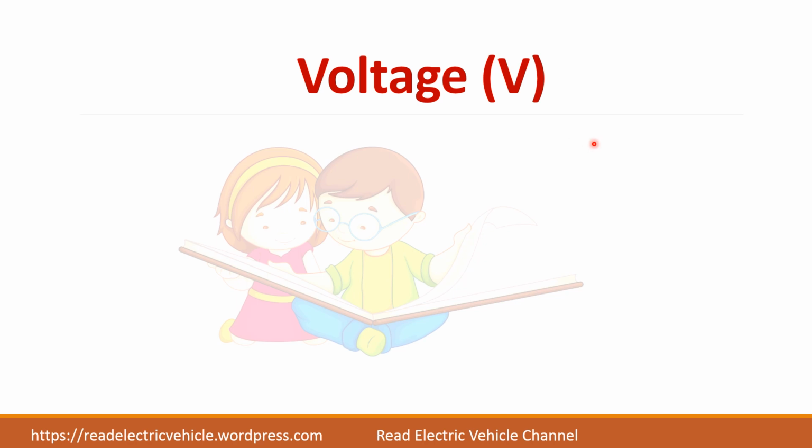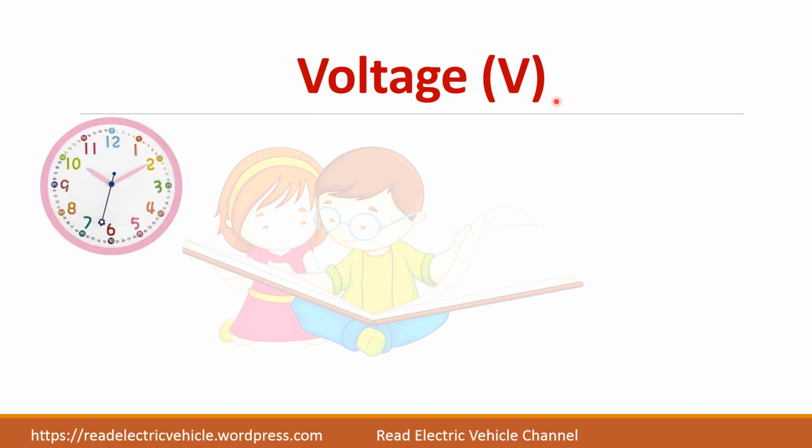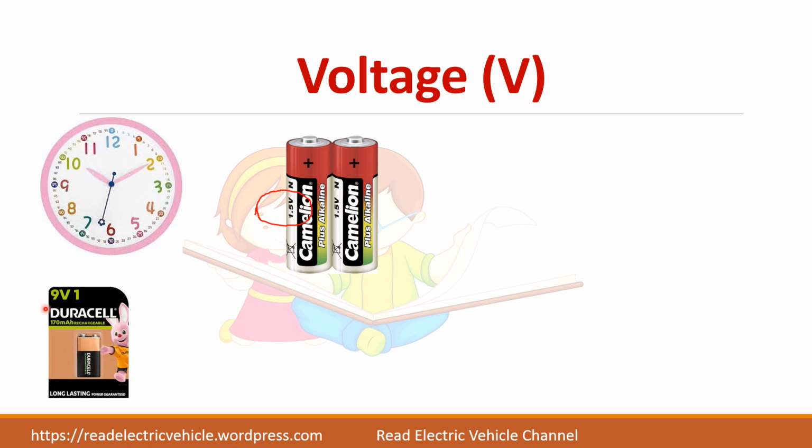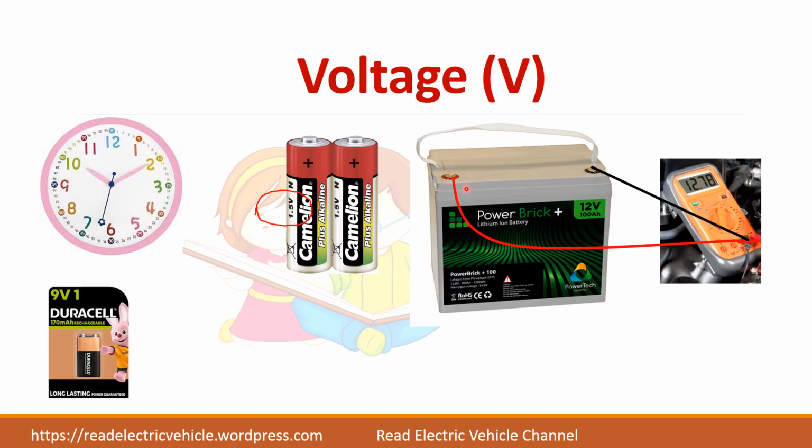Next, we will see about the voltage. You see a wall clock, you use this type of cell for the wall clock to operate. You can see here this voltage is 1.5 volts, and you might also have seen this 9-volt battery for some toy applications, and this type of battery you might have seen in automobiles, or we can use it for some other application.